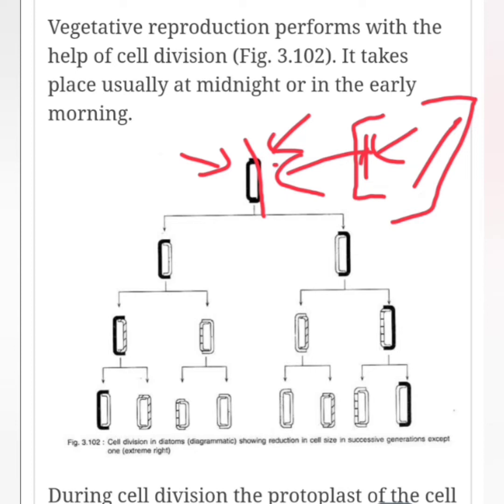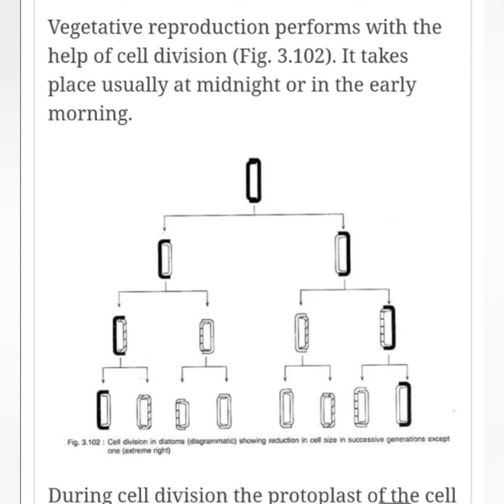So you see in the second diagram here, when these theca get separated, later on they will behave as the epitheca. Just remember, during the first cell division, both the theca when they get separated, now behave as epitheca always, as epitheca of the mother cell.